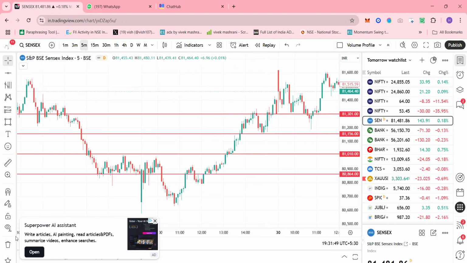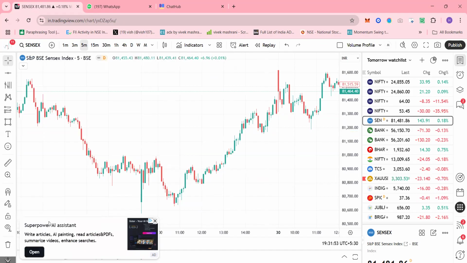That is fine. Any other date or any other index you can tell me, I will take the same. Any other date you want me to take, or any other index?